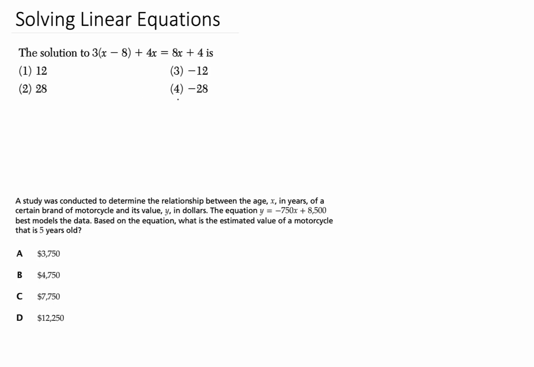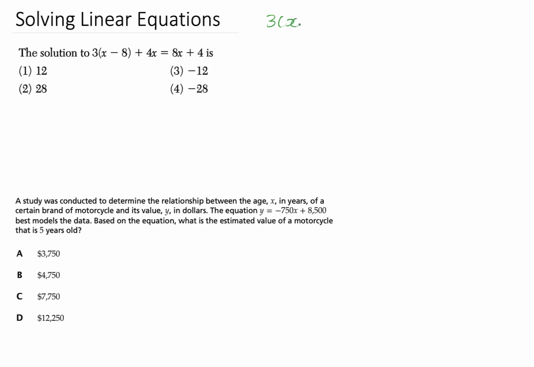If you look at your answer choices here, they have 2 numbers, which are 12 and 28, but notice that 1 and 2 are the positives and 3 and 4 are the negatives. So it's not like where some of my students, when they make a little error on their signs, can kind of pick the closest. Here you cannot. You have to make sure that you are accurate in your computation.